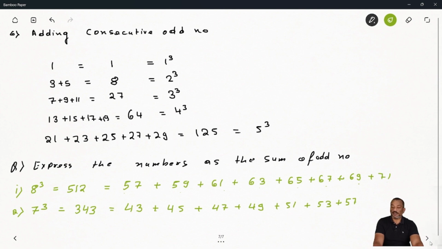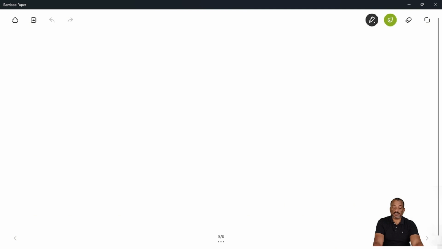Now there is one more thing that is most commonly asked in the examination: the Hardy-Ramanujan number.